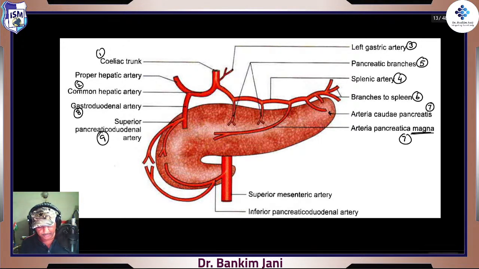And it meets that inferior pancreaticoduodenal number 10, which is a branch of superior mesenteric artery, right? That is number 11. This is again that image which you should draw. Once you draw and try to draw in the same order, you draw it 2, 3, 4 times, then it will come into your second nature. You will never miss anything.